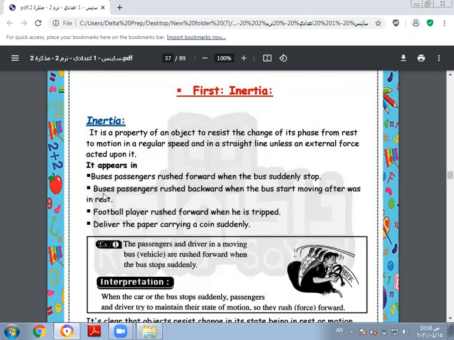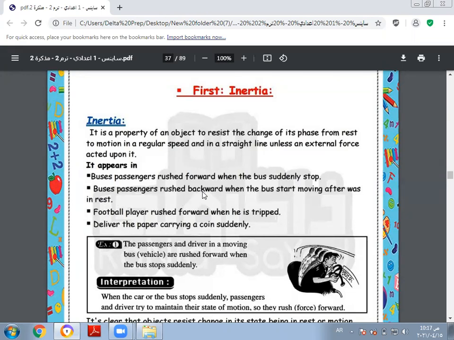Another example: the bus passengers rushed backward when the bus starts moving after it was at rest. When the bus moves from rest to motion, the passengers' movement is rushed backward. A give reason may also come on this, and the answer is due to inertia for the passenger and driver.